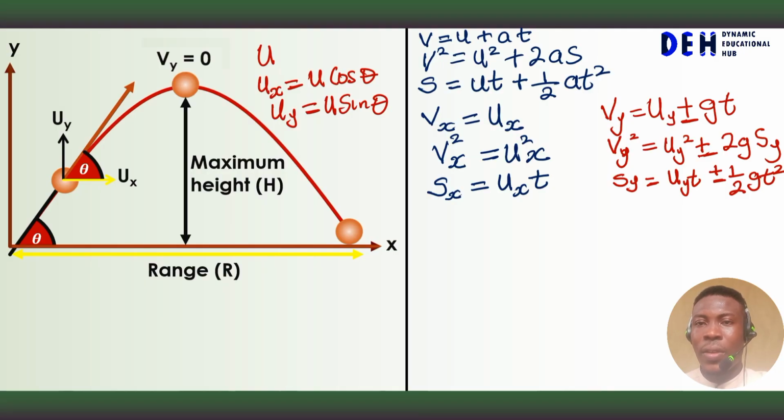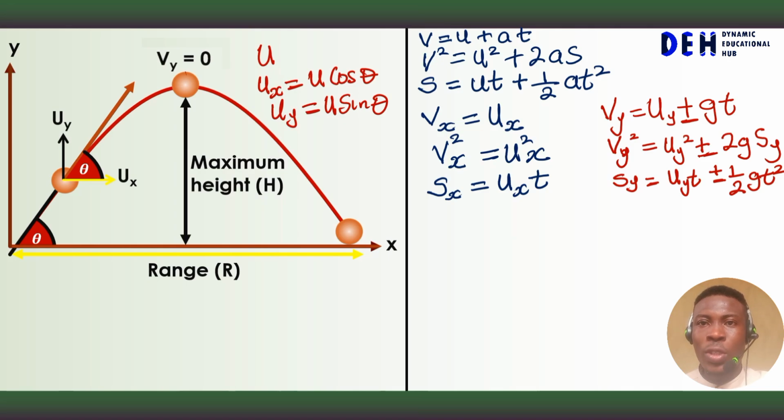Isn't it? At maximum height, the speed will be 0. Another thing that we need to consider here is the vertical component, the vertical aspect of this.